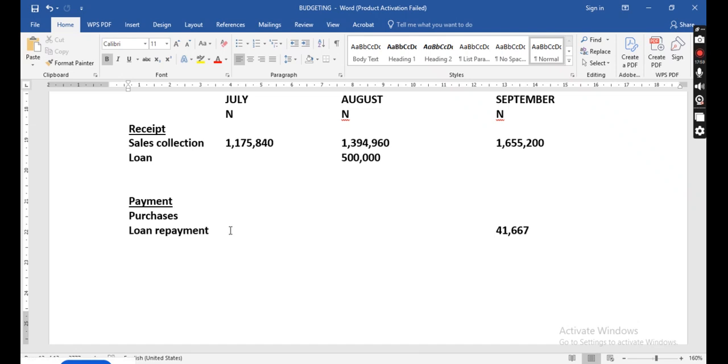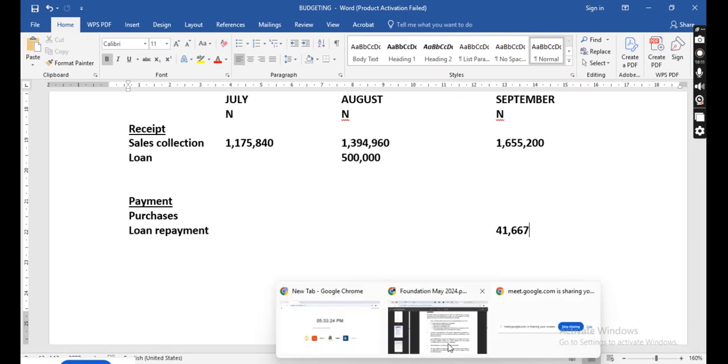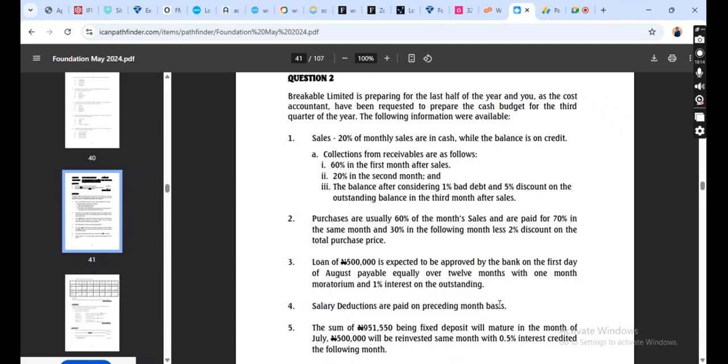Class, please, are you following? Yes. Now, if this is the loan, what happened again? Let's go back again and check. What happened again? Interest. And 1% interest on the what? On the outstanding. Class, what is the outstanding?